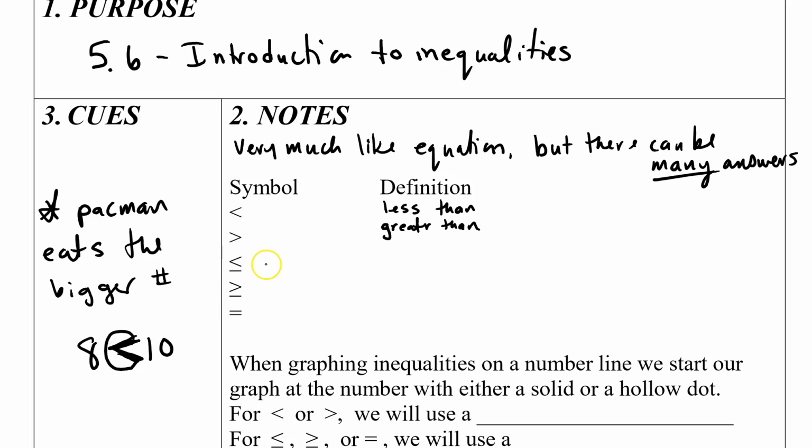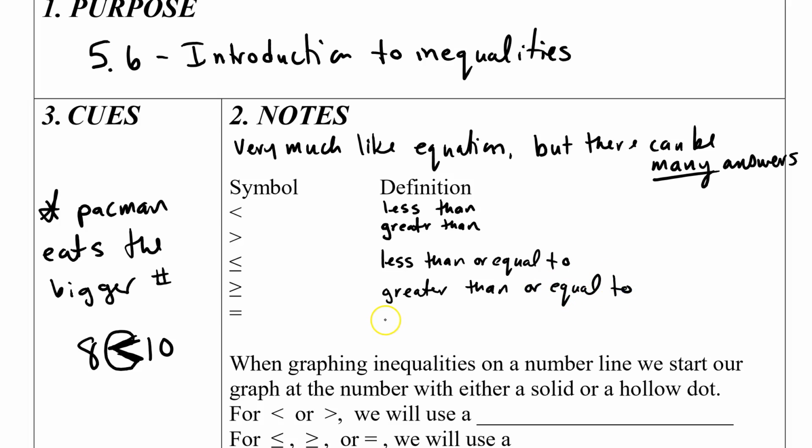This one right here is less than or equal to, because it has that extra equal sign. This one is greater than or equal to. And this is simply our equals.